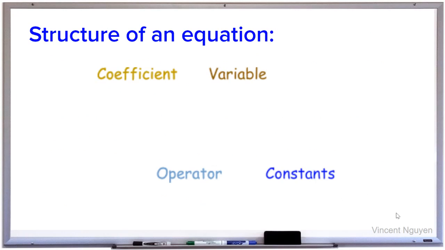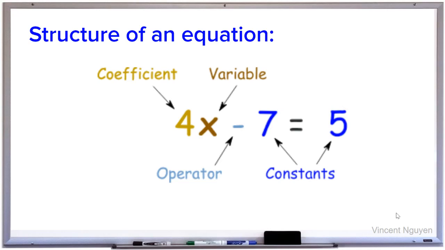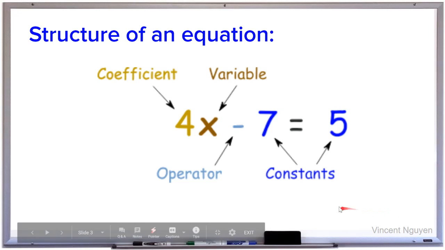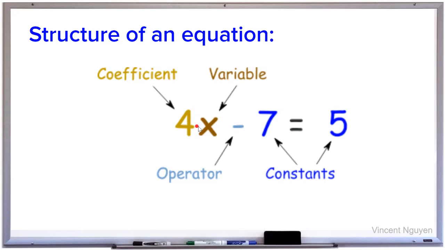Here, take a look at the structure of a typical equation. A typical equation has a variable, a coefficient, an operator, and some constants. The coefficient is the number that stands right in front of the variable. Here it's pointing to the minus sign as the operator, but we have to know that there is another operation going on here: it's 4 times x.